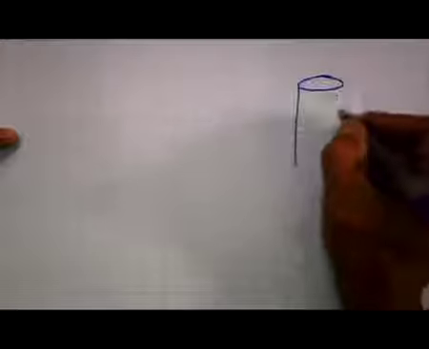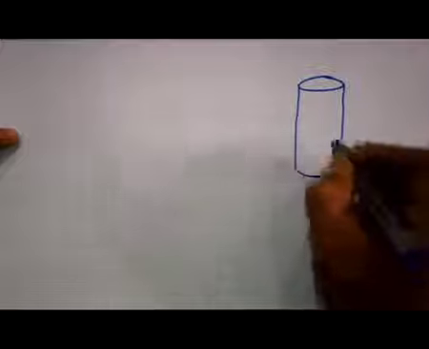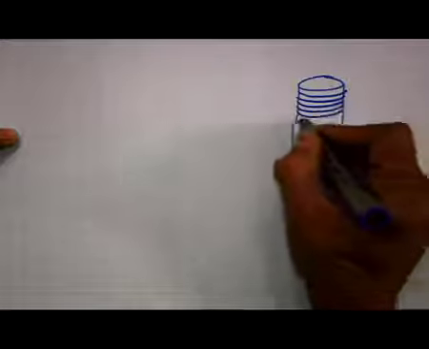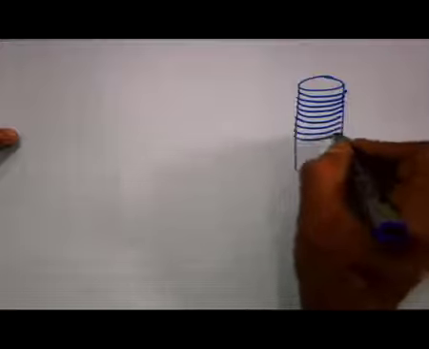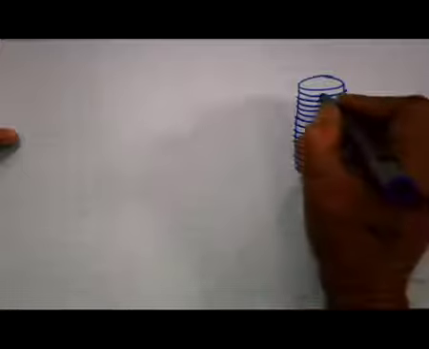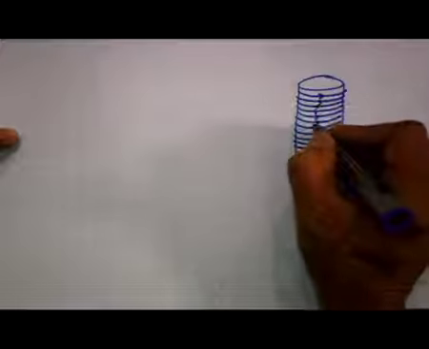Now, I can extend this argument to look at the following problem. I have a sample and I have wound wires on it. So, this is now a solenoid containing a medium inside.